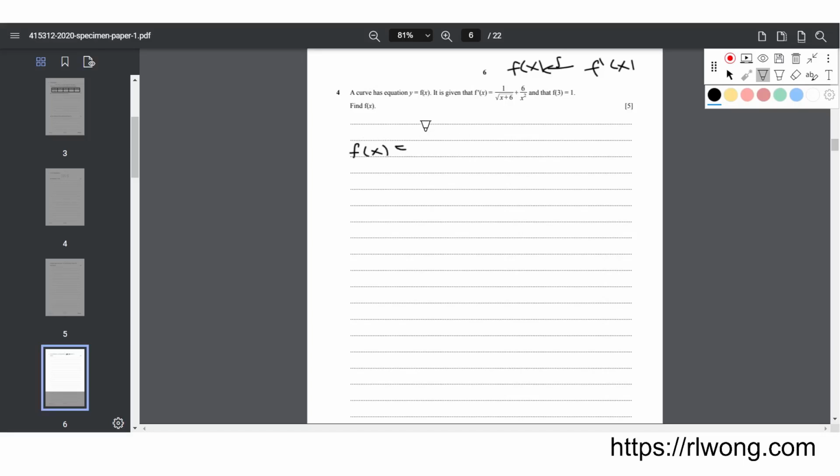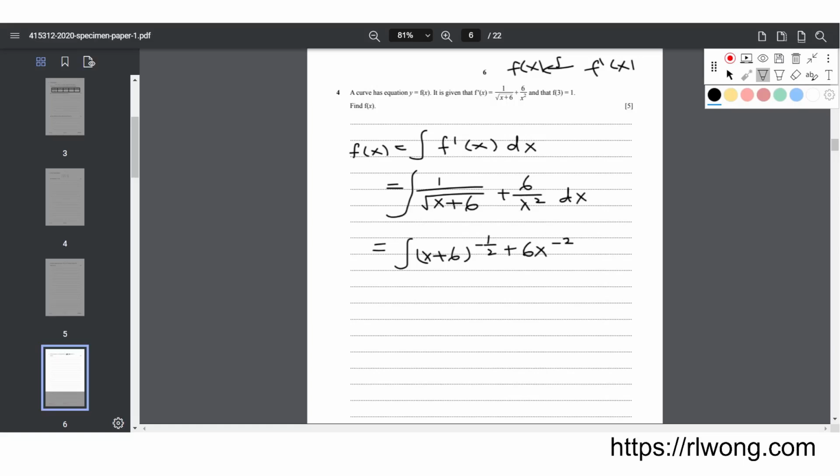So f(x) is basically the integration of f prime x with respect to dx. Let me write this in. So this one is 1 over the square root of x plus 6, plus 6 over x squared dx. I will change this to (x plus 6) to the power of minus half, and I'll change this to 6x to the power of minus 2.